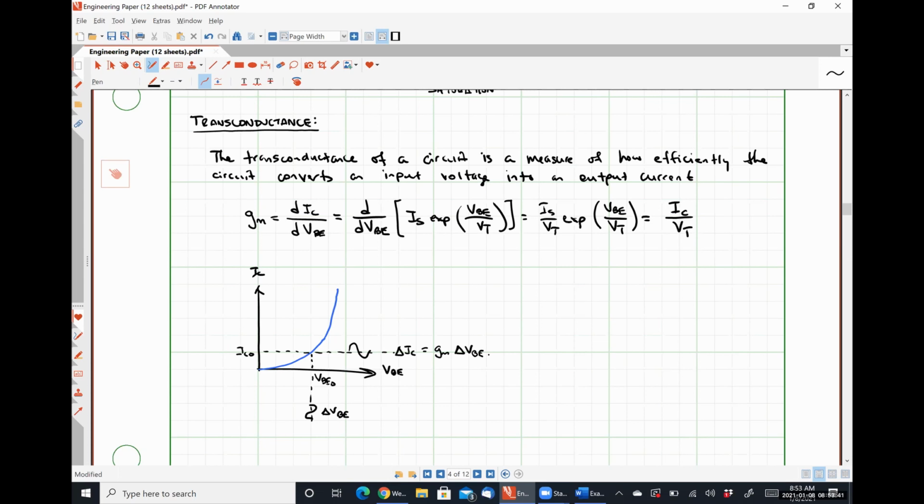I want to point out something here. It's just a weird little kind of thing here. It looks like if you apply a small sinusoidal voltage, you'll get a small sinusoidal output current. But because it's an exponential relationship, not a linear relationship, it's not truly sinusoidal. It's just mathematically very close to that, meaning you'll see that the peak on one side of the average value is larger than the peak on the other side.